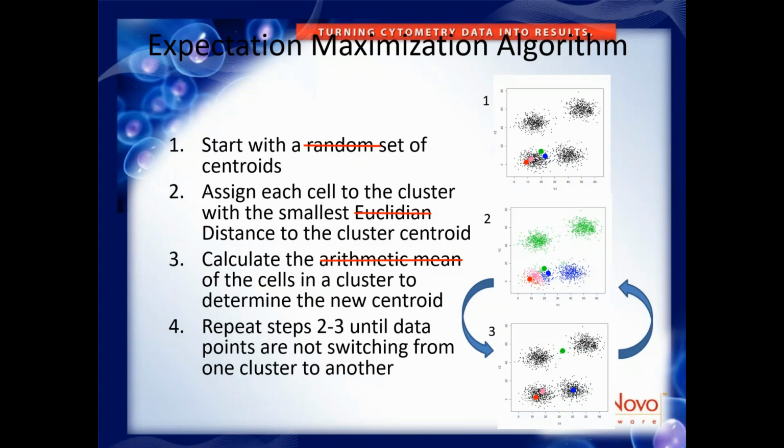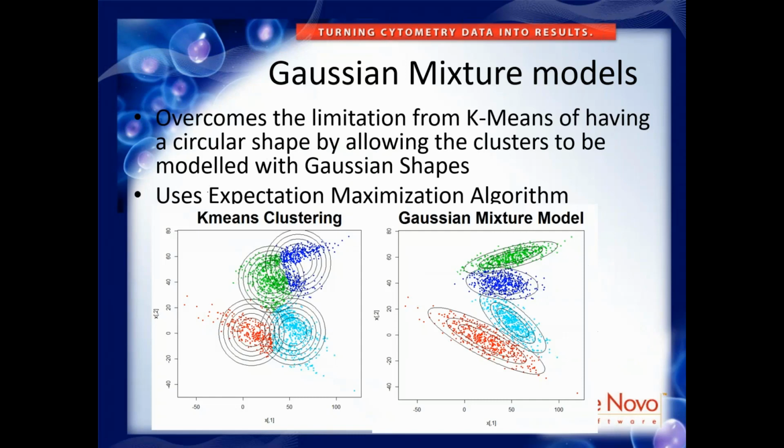Instead of a Euclidean distance, you pick a different kind of distance. And instead of calculating the arithmetic mean as the new centroid during your iterative process, you use some other statistic to calculate the position of the centroid. But the overall algorithm is exactly the same, okay?